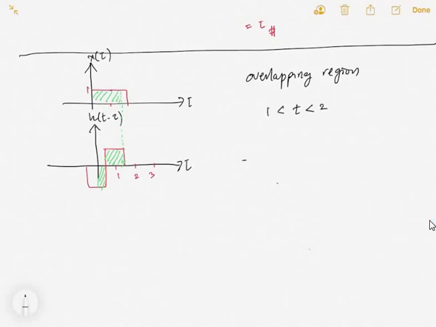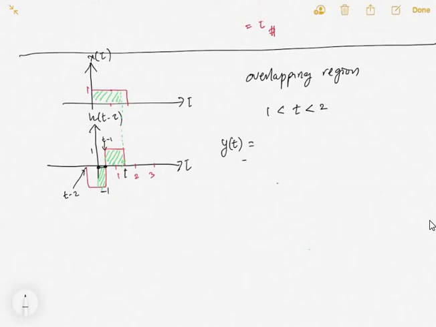And then y(t). Now how do we write the signal? The first one is t. The second one we call t minus 1, and then the next one we call t minus 2. So your signal is from here to here.